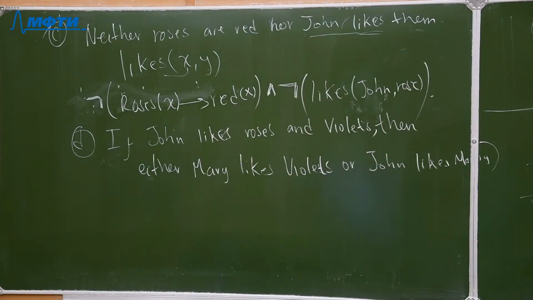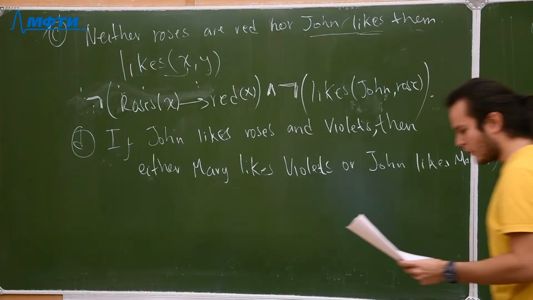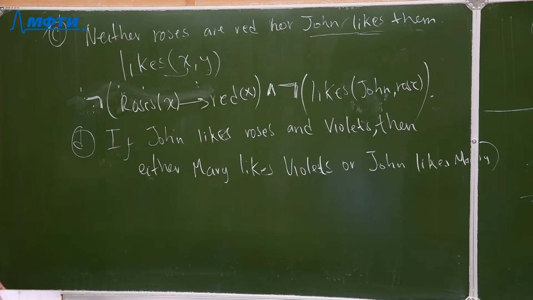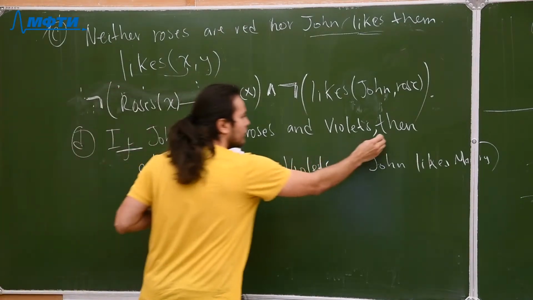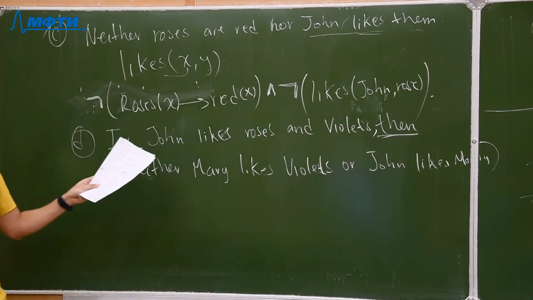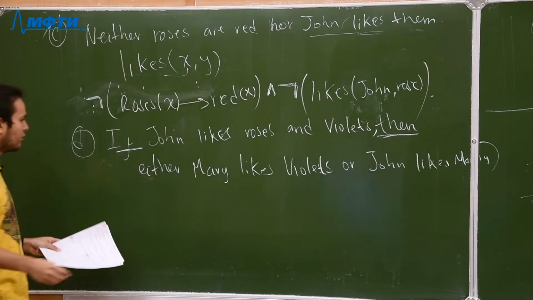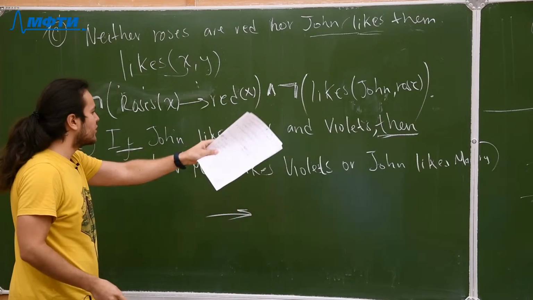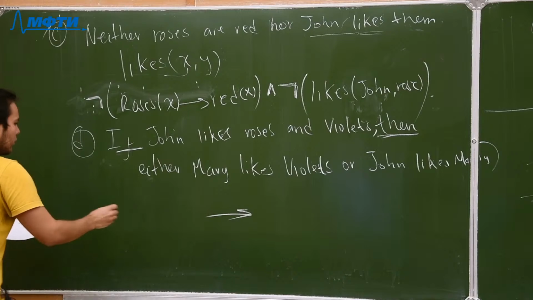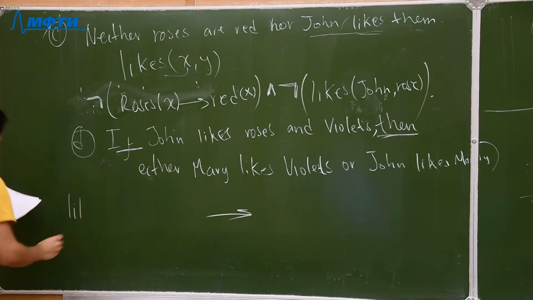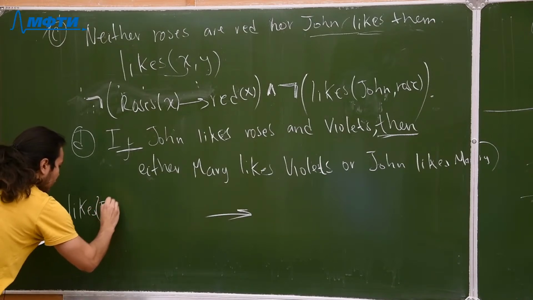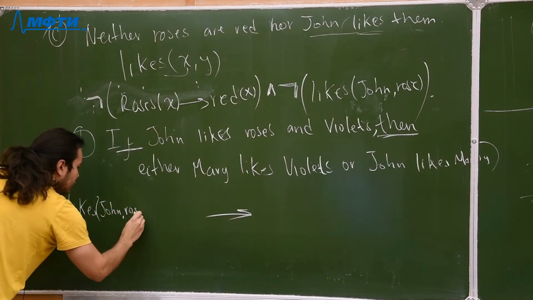So we have if, then. This is implication, right? So if John likes roses and violets, so likes John rose.